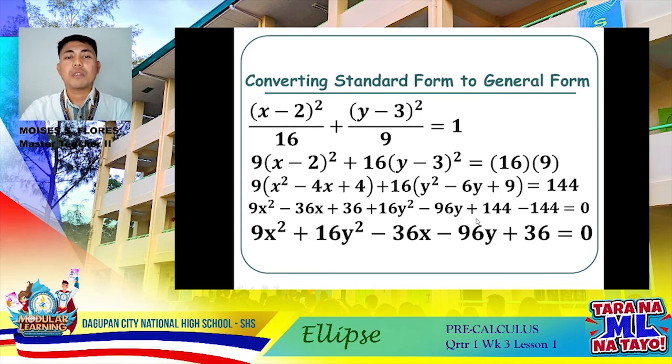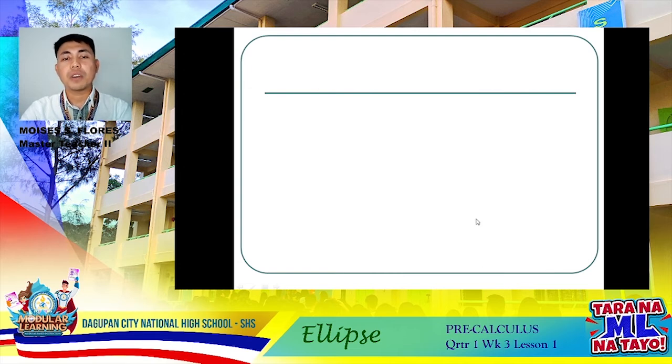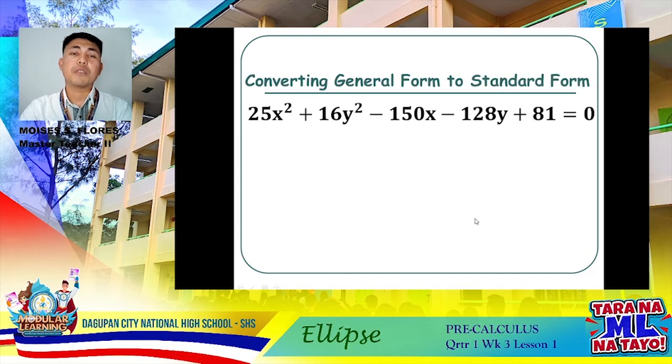Now, we're going to convert general form to standard form with this example: 25x squared plus 16y squared minus 150x minus 128y plus 81 equals 0. So how do we do it? Converting from general form to standard form, the first step is to group like terms.